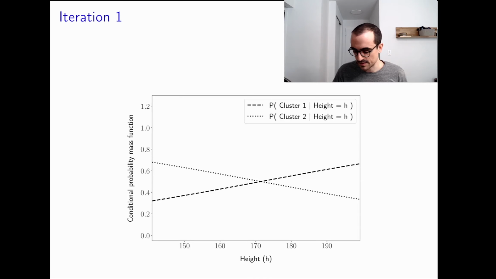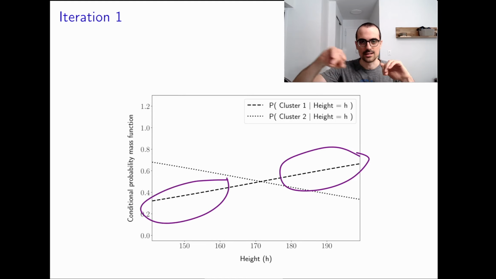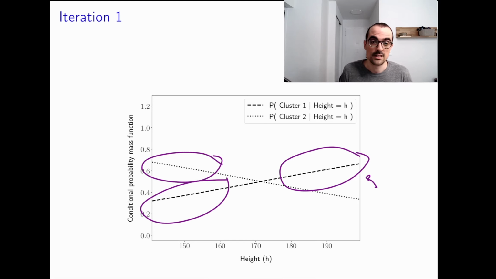These are the membership probabilities. Not great, but still, it picks up the fact that the probability of one class is higher for higher heights, and the probability of the other class is higher here.